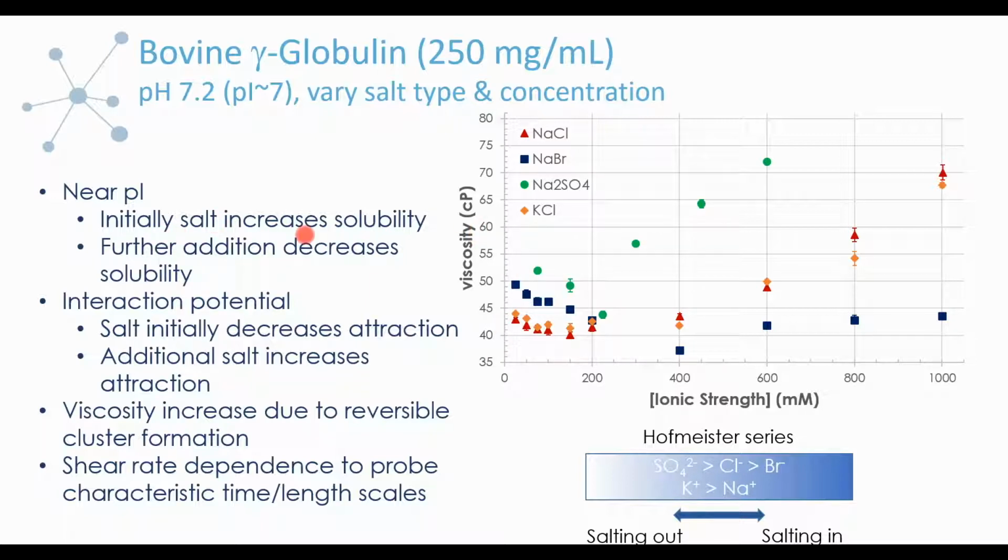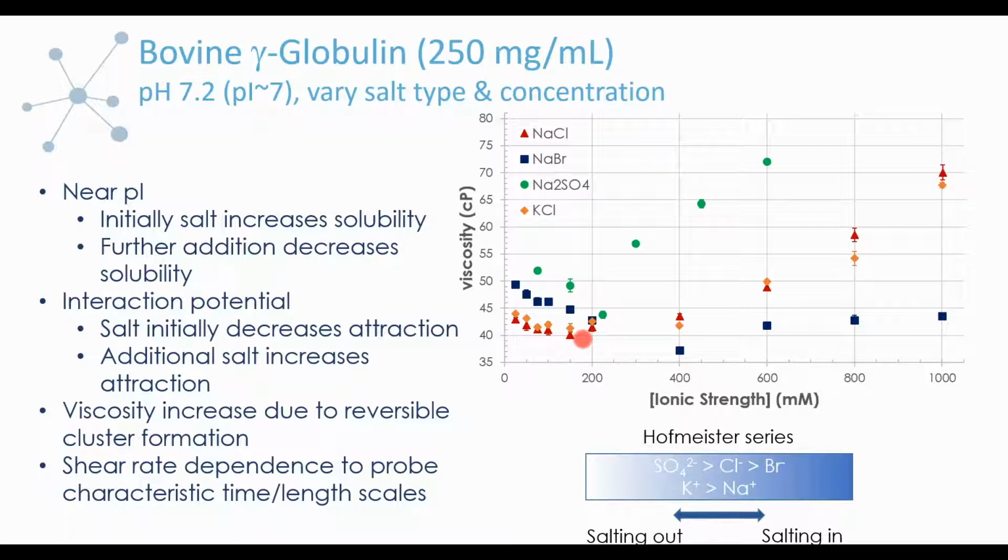So the idea is you add some initial salt, and this increases the solubility, which they refer to as the salting in. In this case, for all of these salts, we see a decrease in the viscosity as we increase the concentration initially. But then at some point, the further addition of the salt is thought to decrease the solubility, and this is referred to as the salting out.